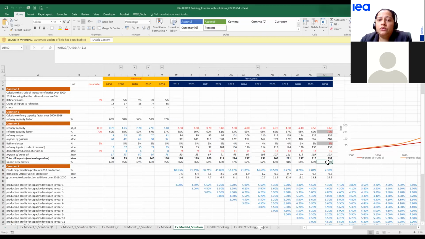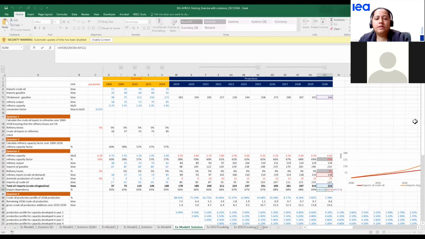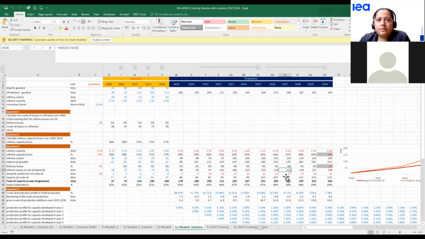So for example, for 2030, it's the amount of total oil imports divided by your AH36, your refinery inputs, plus AH11, which was your total oil demand for gas. And that would give you your import dependency.